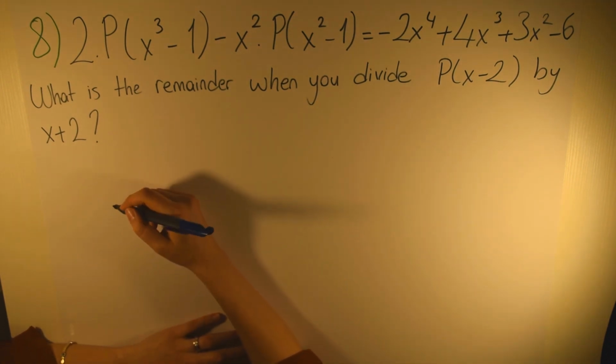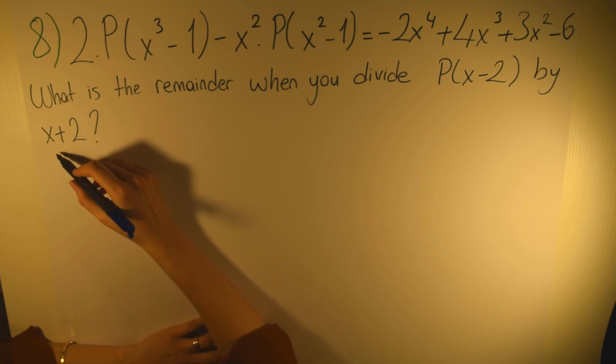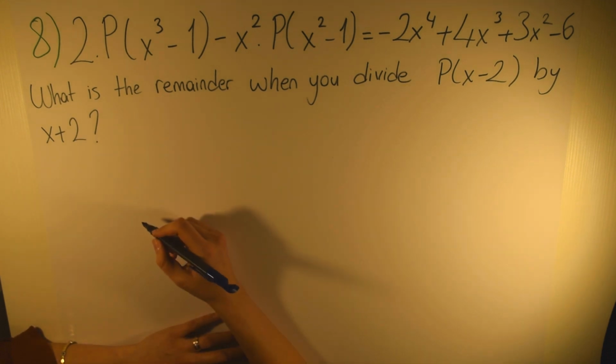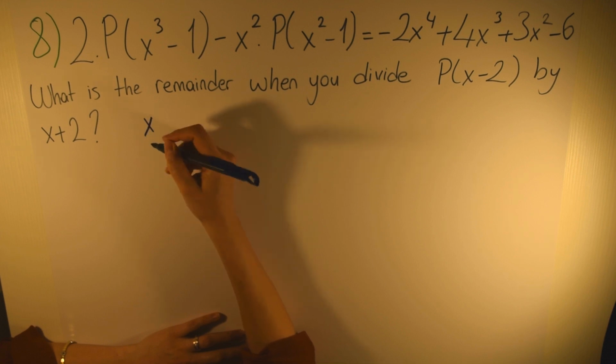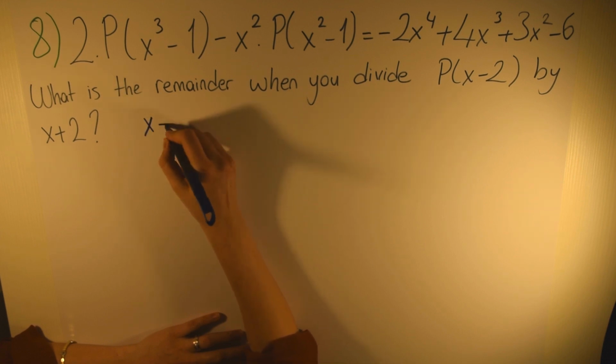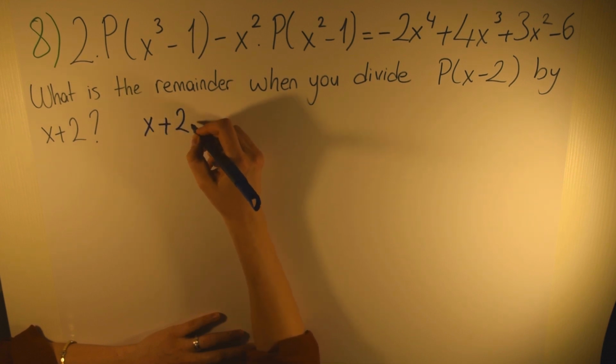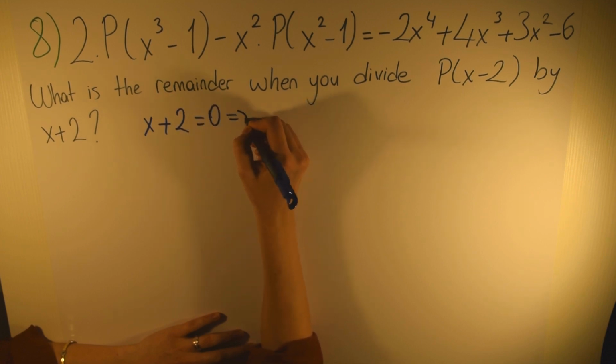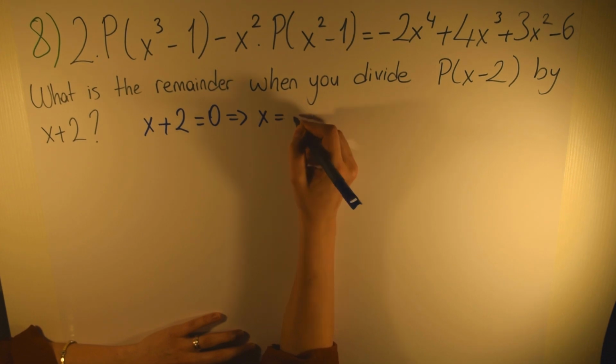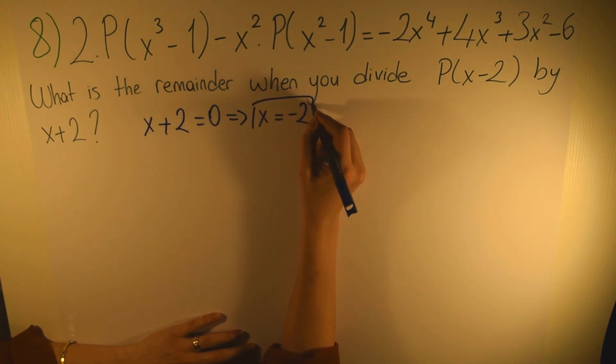So here, first what you should do, you should make this expression equal to 0, right? So we will see what we have to find. So x plus 2 is equal to 0, which means x is equal to minus 2.